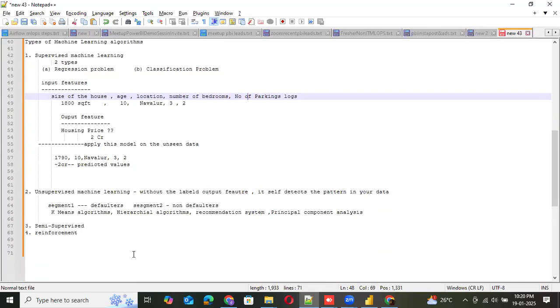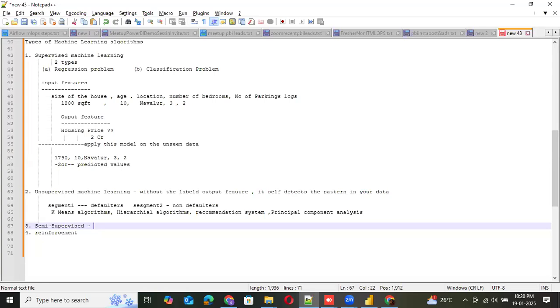Now you have learned about unsupervised machine learning, and also semi-supervised. Say the customer has given you the data, but only part of the data is labeled. For example, they gave you 10,000 records, and for 6,000 of them they gave you the labeled output feature along with the input features.